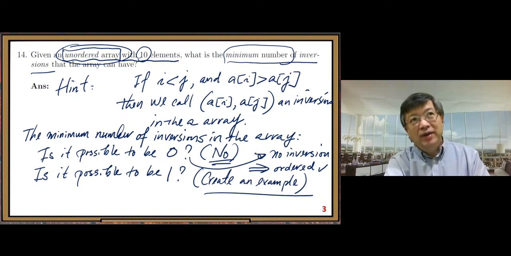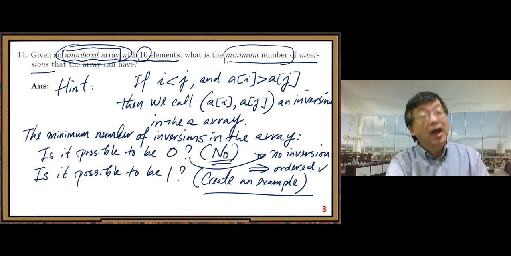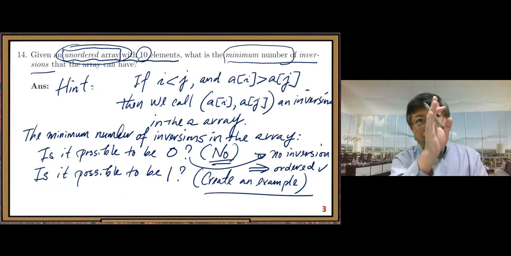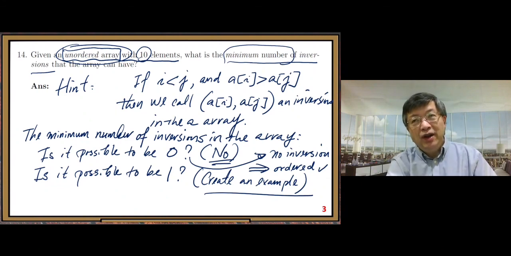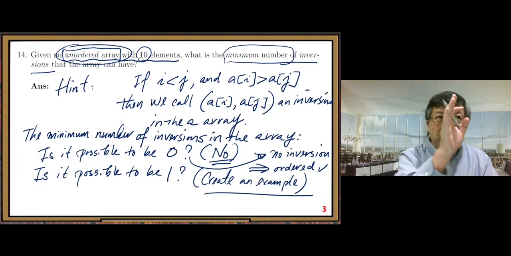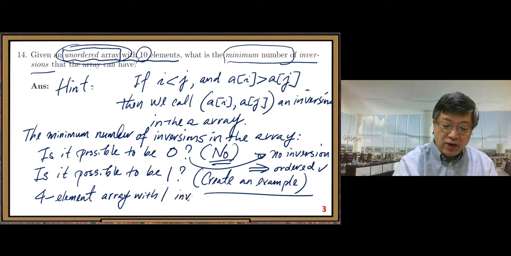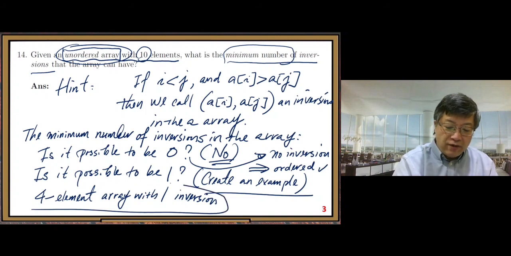With 10 elements, you may feel there are too many elements in the array, so it may not be easy. If you feel working on 10 elements is not easy, can you reduce that number? Can you consider a 4-element array? Find a 4-element array with 1 inversion. Is it possible? That should be easy, right?